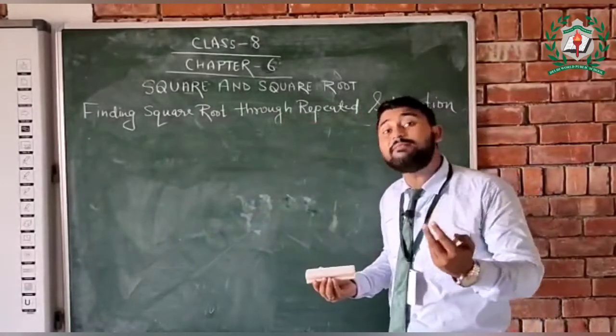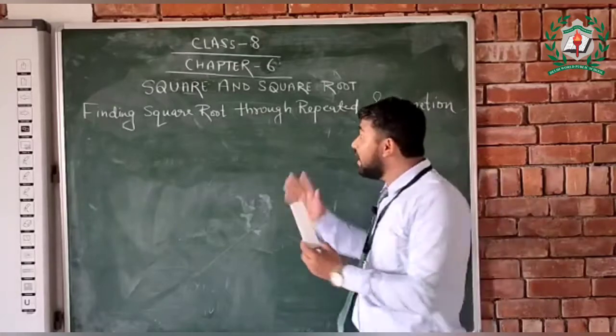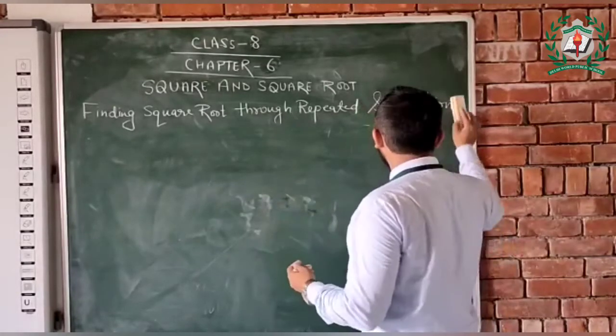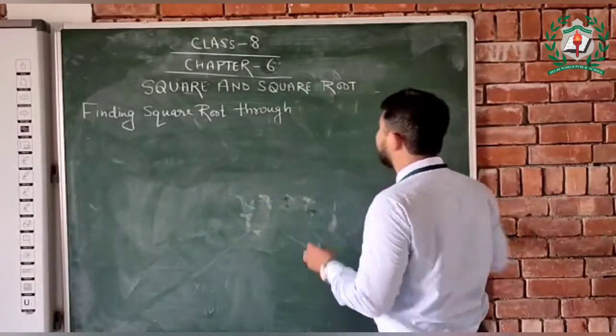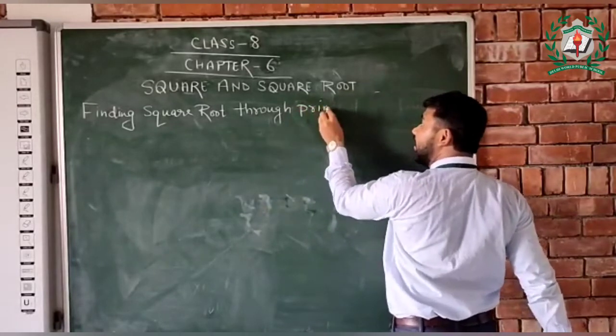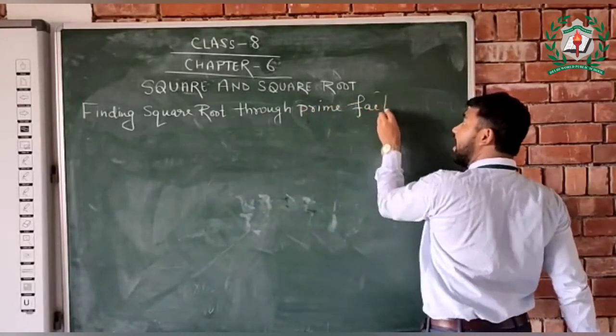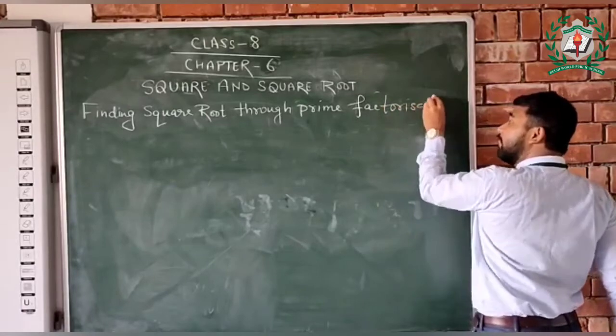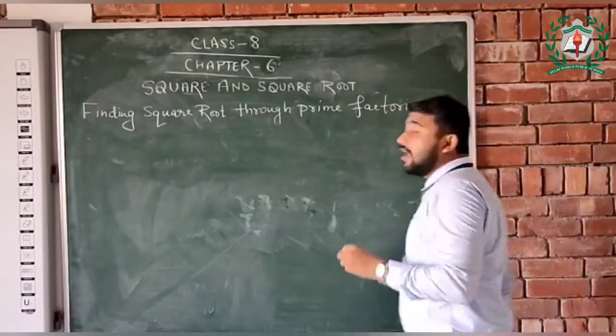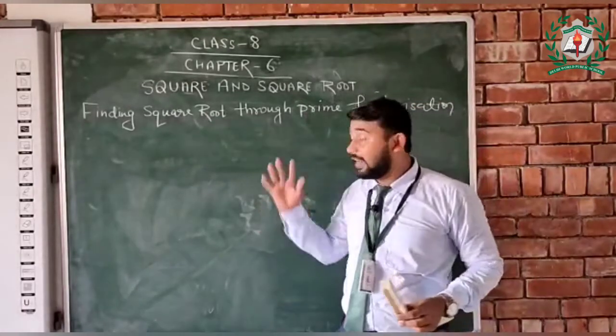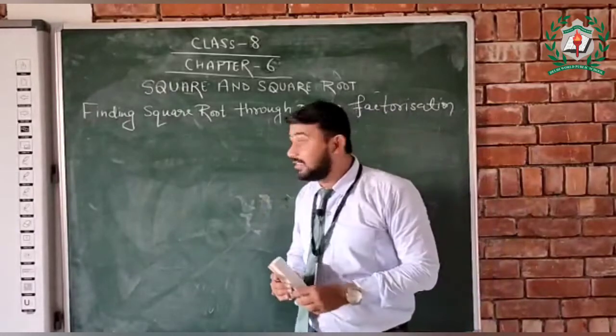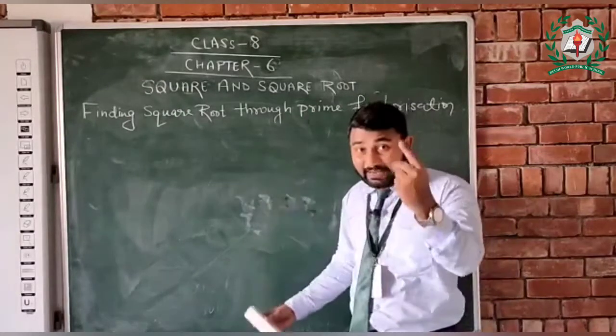Now let's take another method of finding the square root, that is prime factorization. Finding the square root through prime factorization. How do we find it? This is the second procedure.